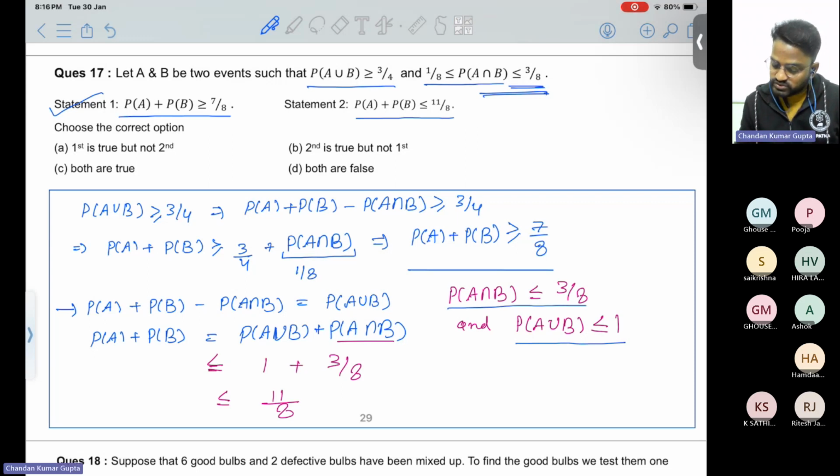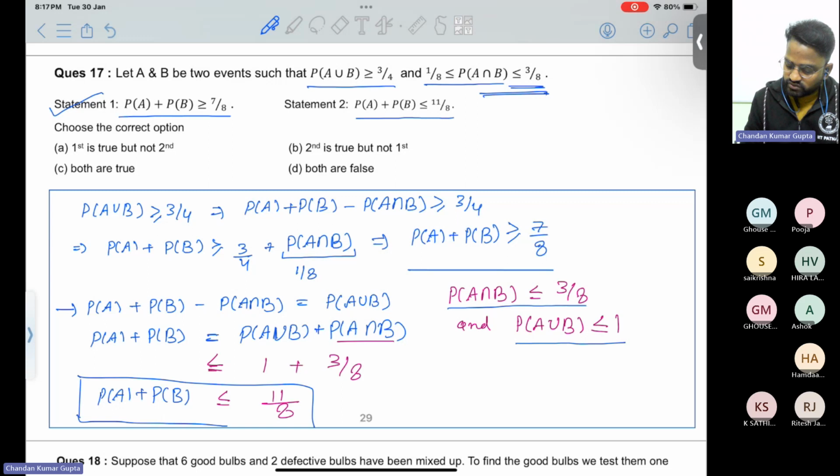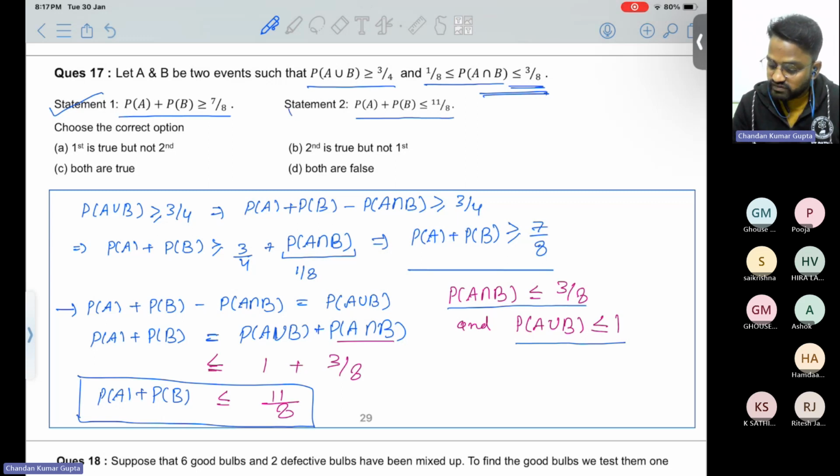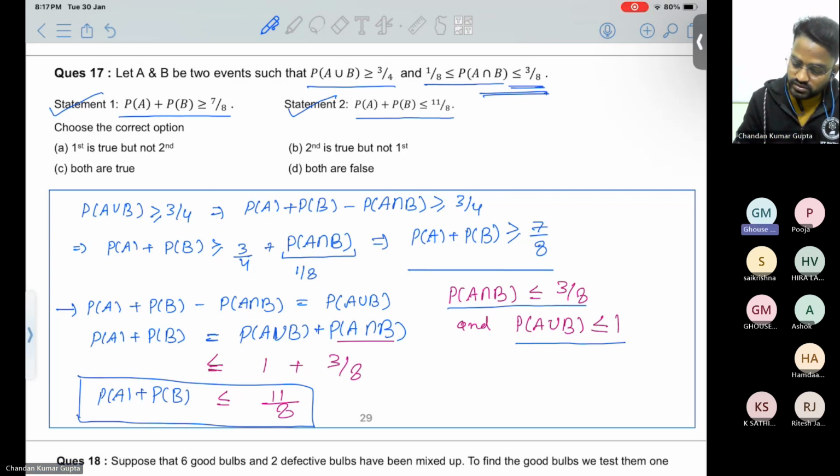So this equality sign is now converted into less than or equal to. So probability of A plus probability of B is now less than or equal to 11 by 8, because we need to calculate the bound, and it is given in statement number 2. So both the statements are true.